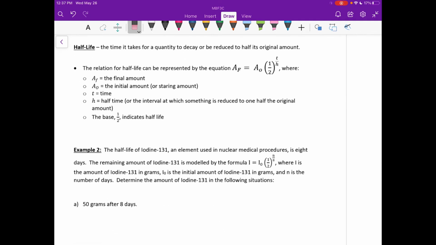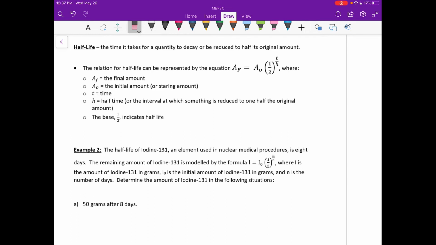So on the flip side, we have something called half-life, which is the time it takes for a quantity to decay or be reduced to half its original amount. So say I had 30 pounds of chocolate, and its half-life is that I eat half of it every 15 minutes. I eat 15 pounds of chocolate.